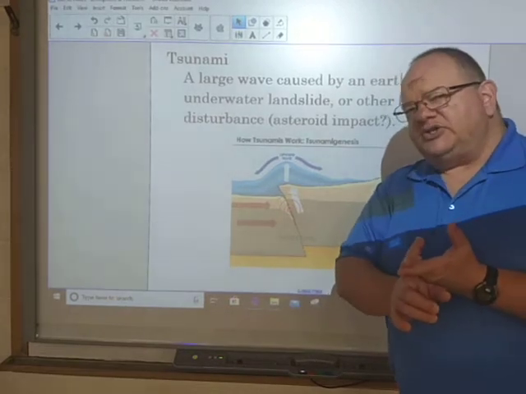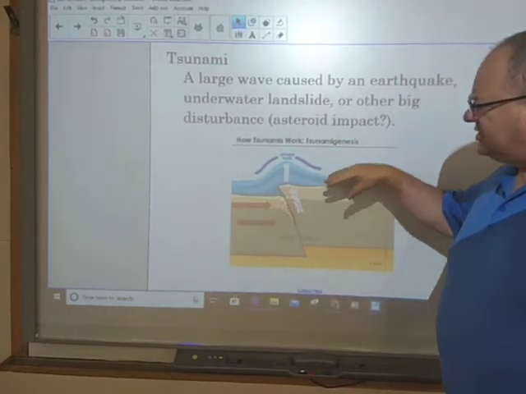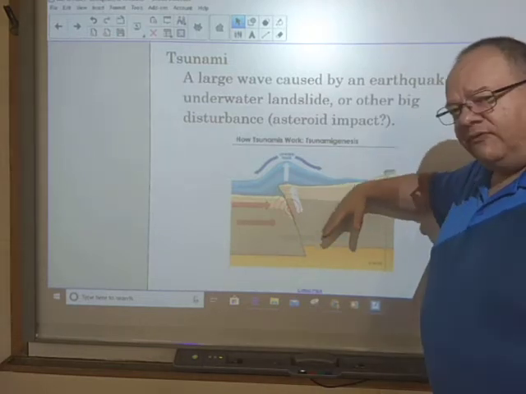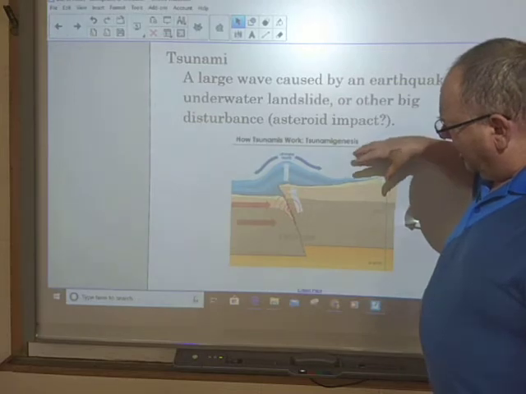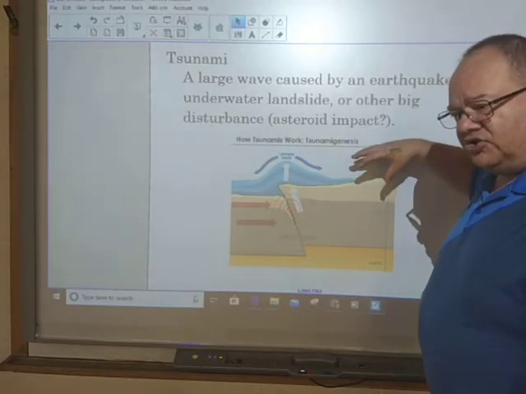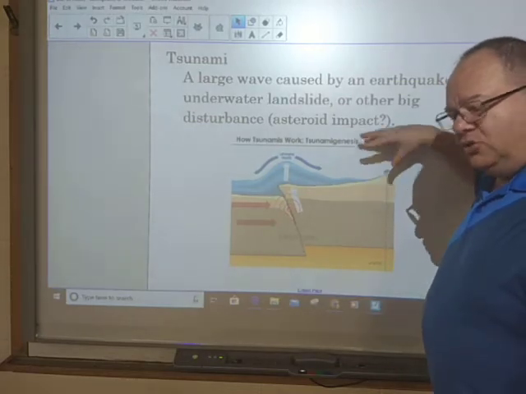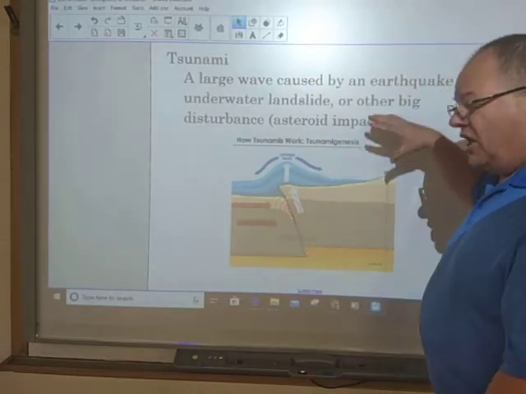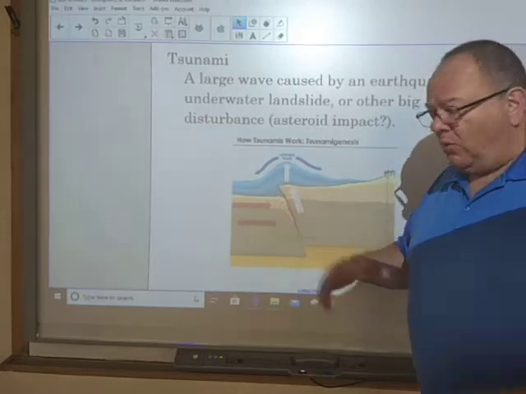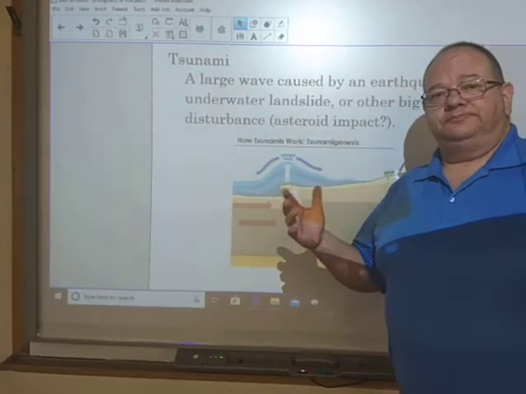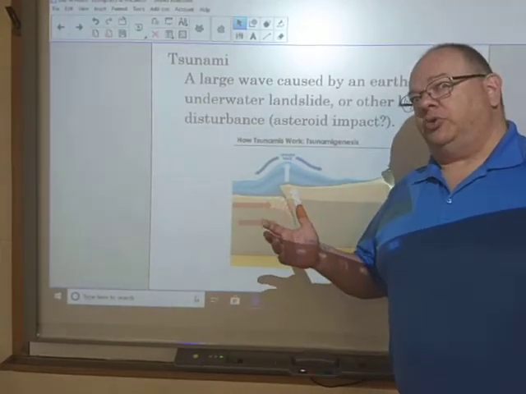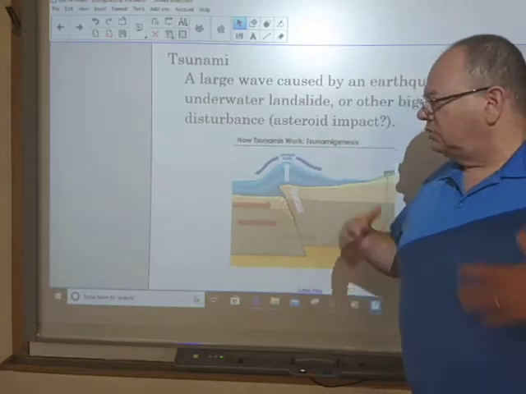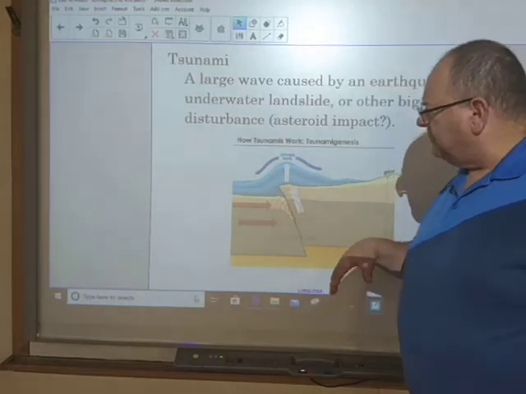Some other possible causes: let's imagine you've got your continental shelf going down into the ocean, and a big chunk of the continental shelf maybe breaks loose and slides down, and you have this underwater landslide. That can move a big amount of water. An asteroid impact, a meteor impact, a big one, could move a huge amount of water.